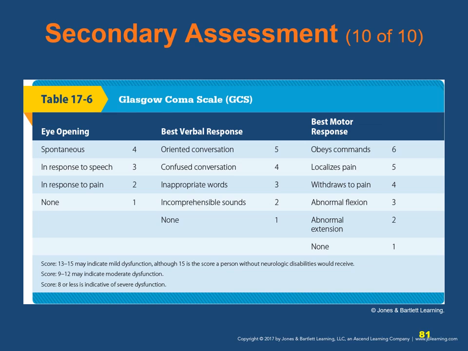And it scores the patient's responsiveness through eye opening, verbal response, and motor response. This is very important. So please make sure that you know this table and this assessment, the Glasgow Coma Scale, know the 3-item scale, the Los Angeles stroke screen, and the Cincinnati stroke screen.